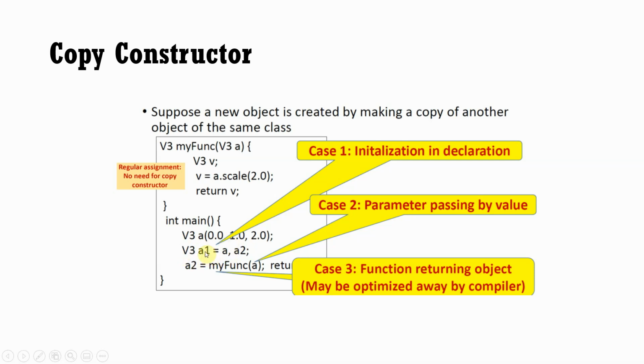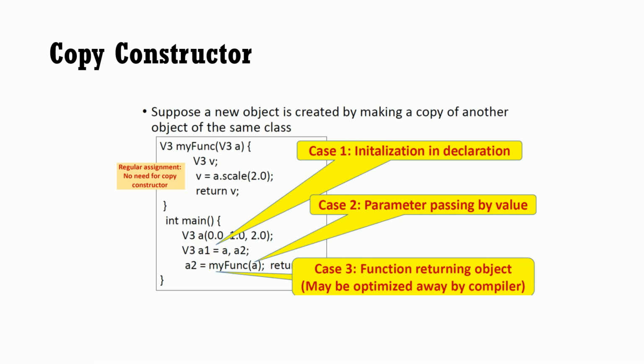Here we are instantiating a1. So a1 is getting built at this line by copying another object of the same class into it. So a1 is going to call the copy constructor of this class to build this object. So in this case, a1 is calling the copy constructor.